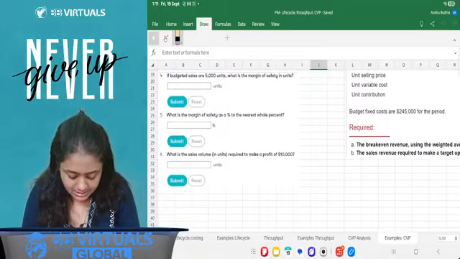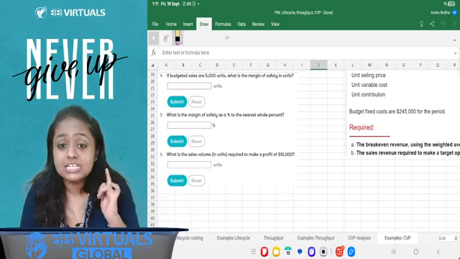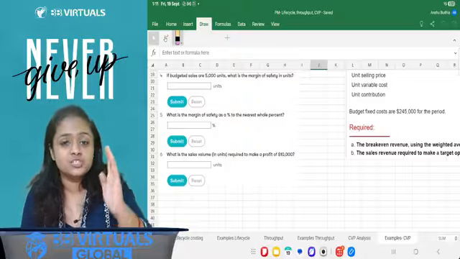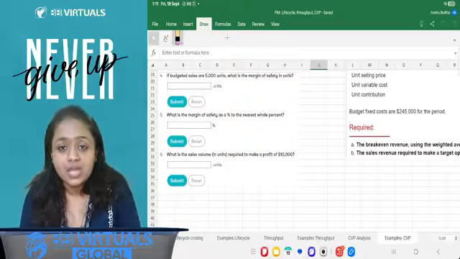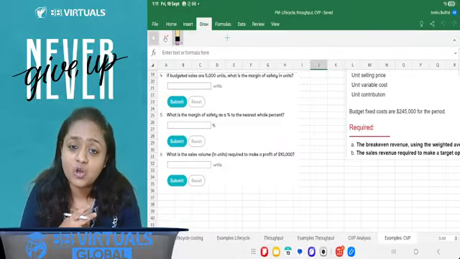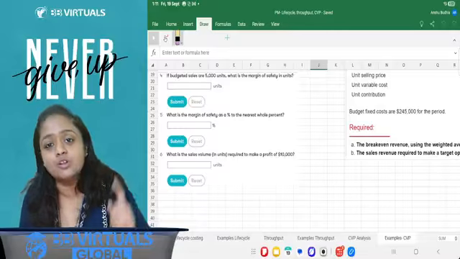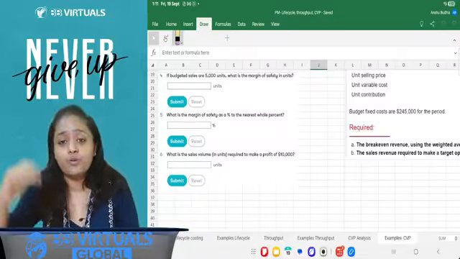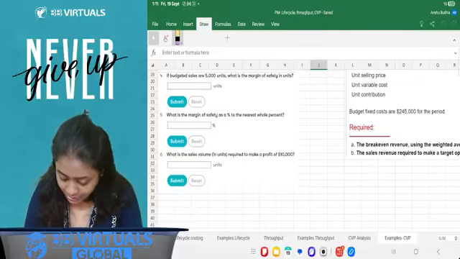Now the next one is, what will be the sales volume in units if you want a profit of 10,000? This is known as target profit. Additionally, to cover the fixed cost, we want to get the profit also. So in the formula where we write fixed cost, add profit over there, the target profit that you need.